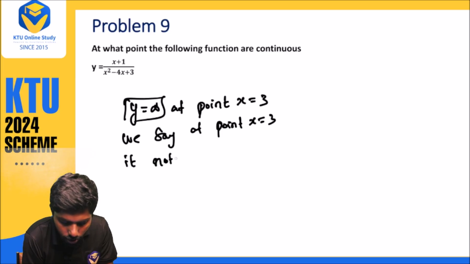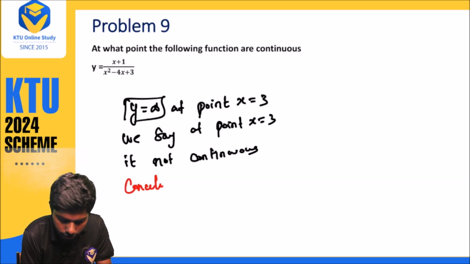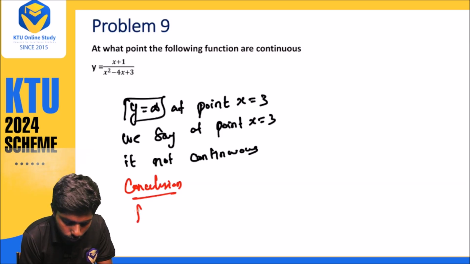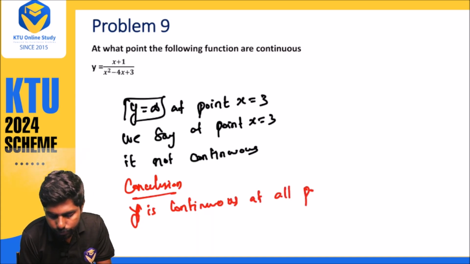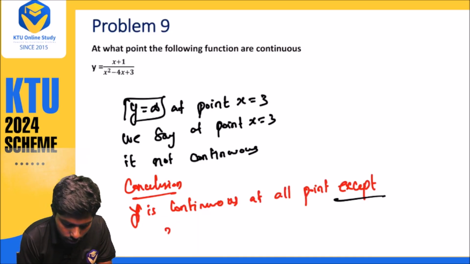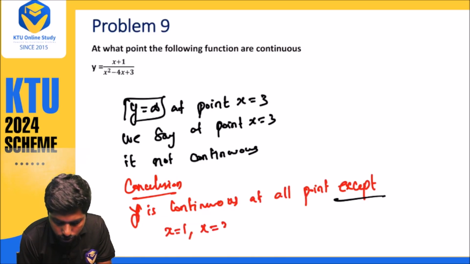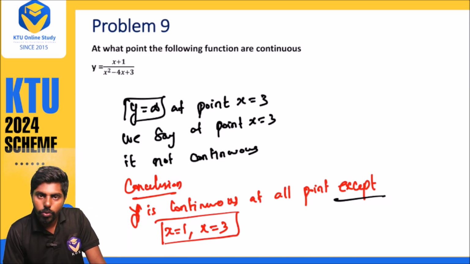From here we come to a conclusion: y is continuous at all points except x is equal to 1 and x is equal to 3. These are the 2 points you want to mention. Okay, we'll go to one more problem also.